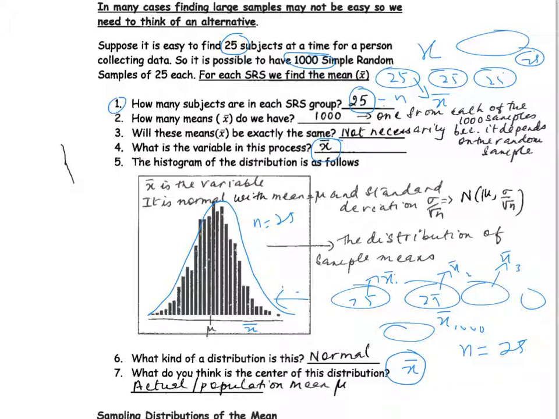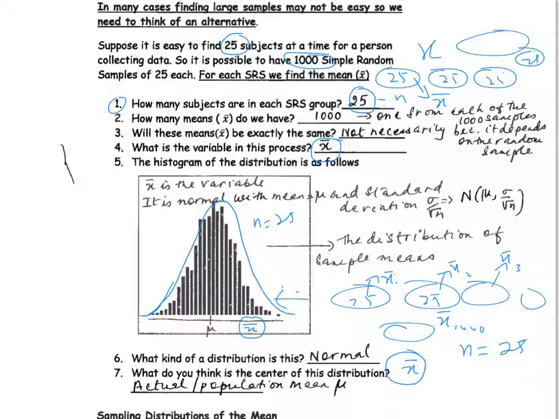The variable here is x bar, the sample mean, because the sample mean is going to differ from one sample to another. So it is a variable, and that's the variable that we have made a histogram for, and we notice that the histogram for the variable, which is x bar, is also normally distributed.